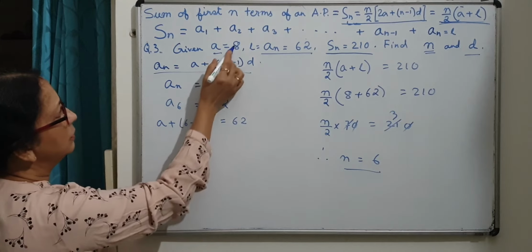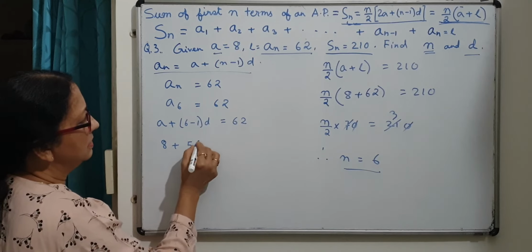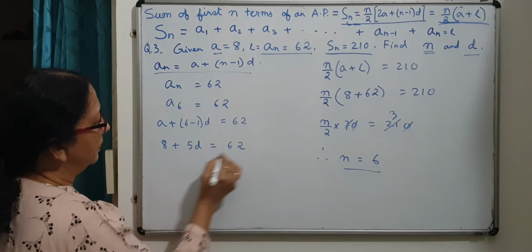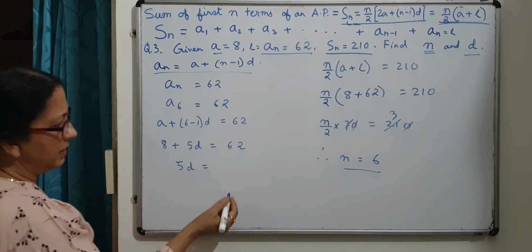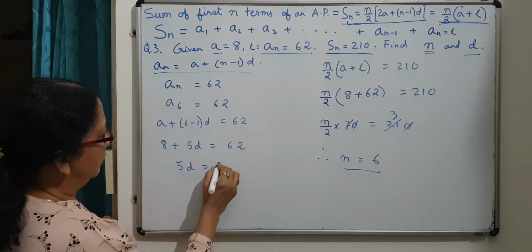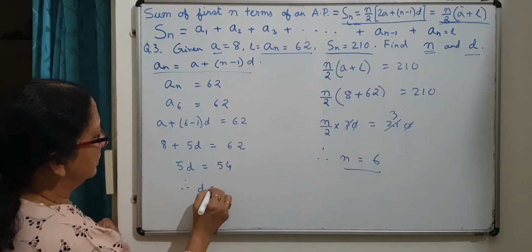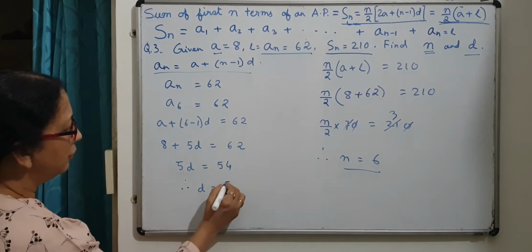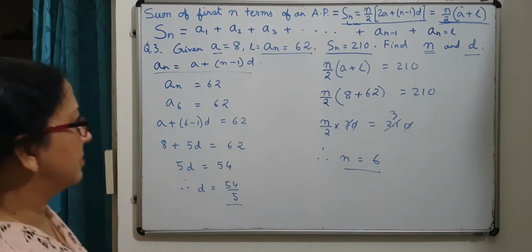Put the value of A as 8. 8 plus 5D is equal to 62. Or 5D is equal to 62 minus 8. It will be 54. Therefore, D is equal to 54 by 5.